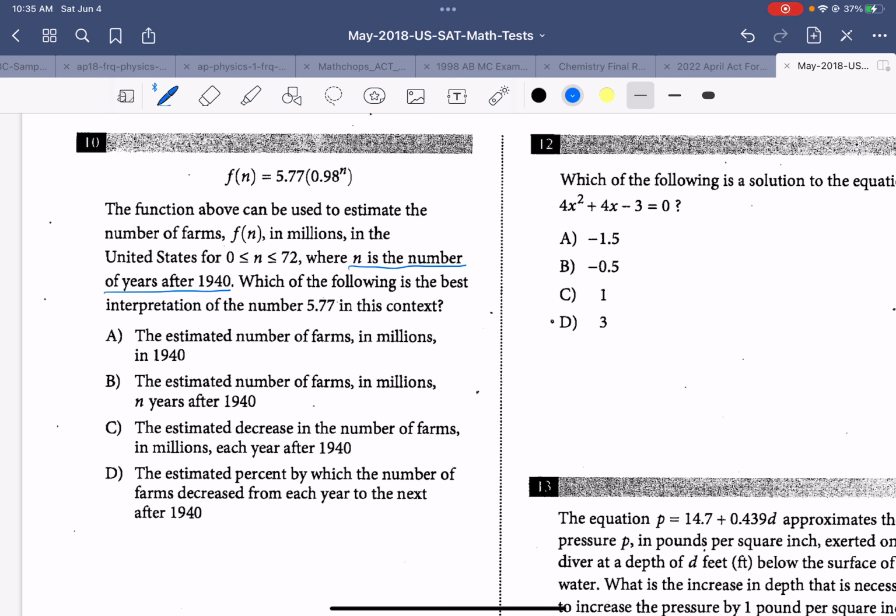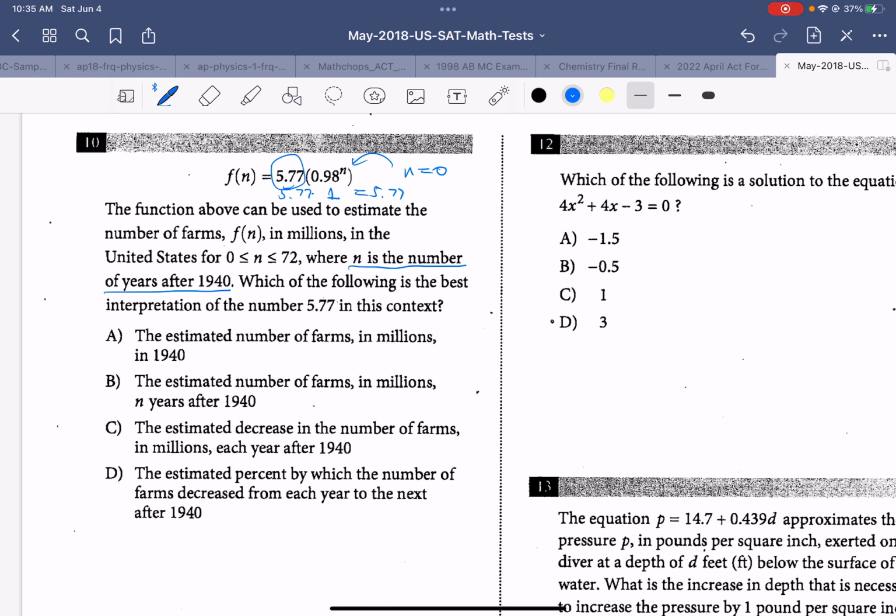So that number, if you think about n equals 0, when you substitute n equals 0, 0.98 to the 0 power, anything to the 0 power is 1. So 1 times 5.77 is 5.77. So what does n equals 0 mean?